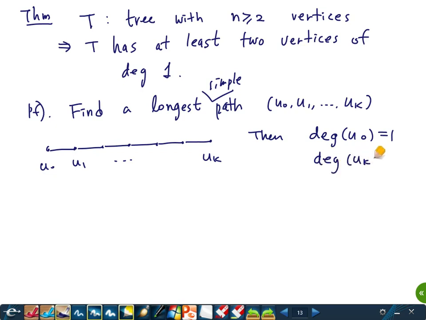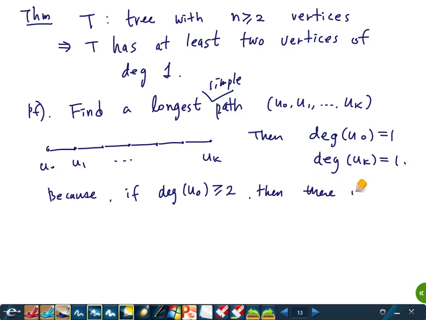So these two must be 1. Why? Because if the degree of u1 is not 1, it must be greater than or equal to 2, then we can find a vertex connected to u1 by an edge, say v.